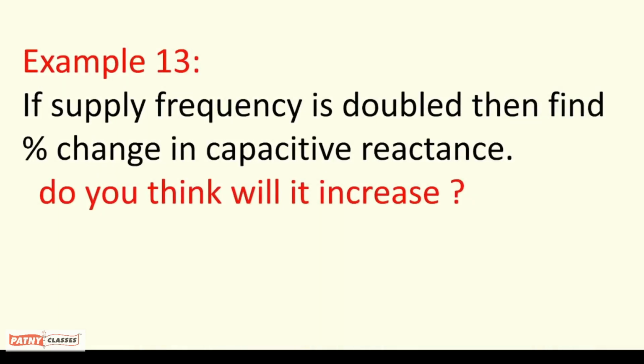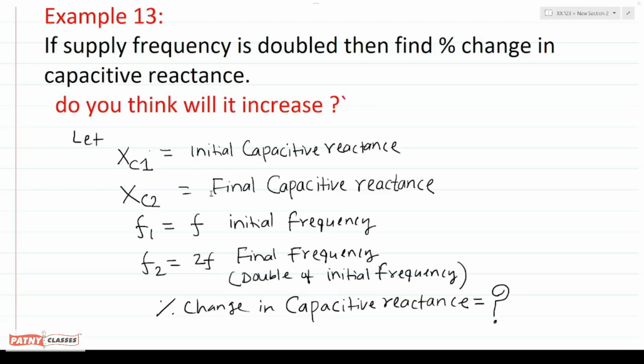Example 13. If the supply frequency is doubled, then find the percentage change in capacitive reactance. Do you think it will increase? We have XC1, the initial capacitive reactance, XC2, the final capacitive reactance, F1 equals the initial frequency, and F2 equals double the initial frequency, that is the final frequency. We need to find the percentage change in capacitive reactance after doubling the frequency.